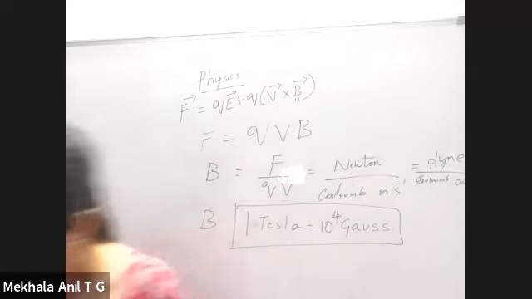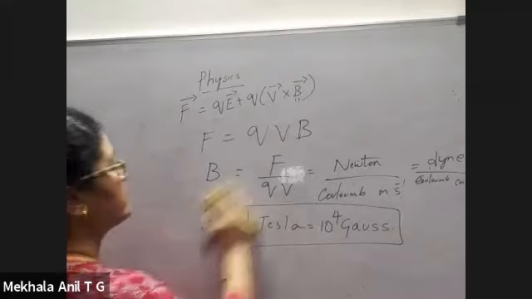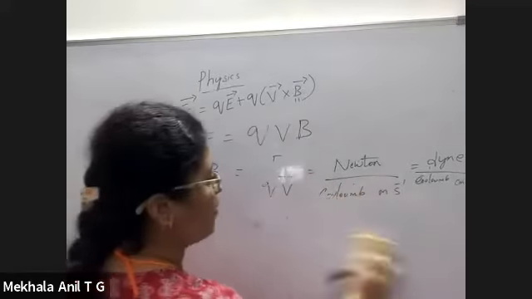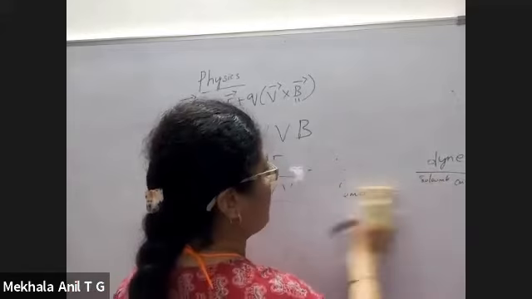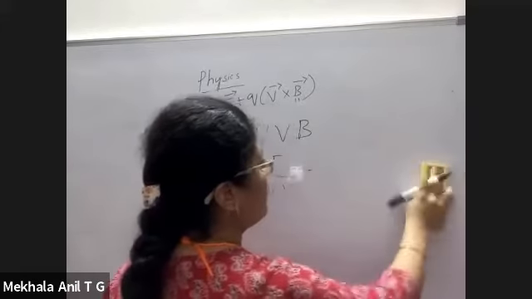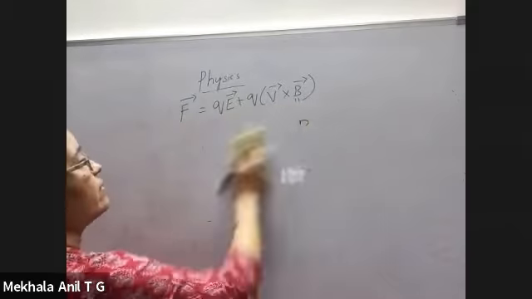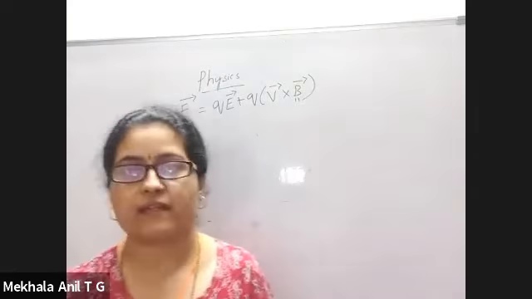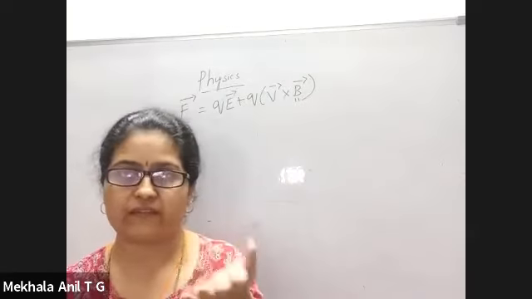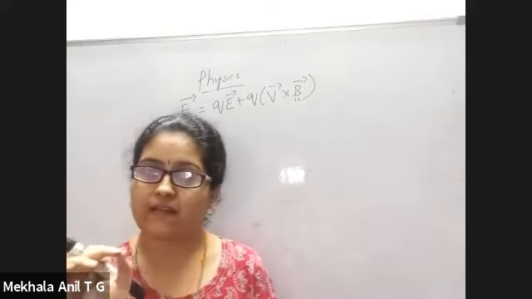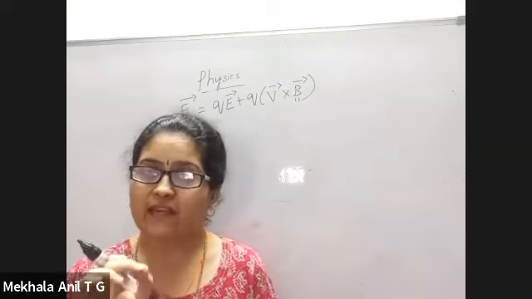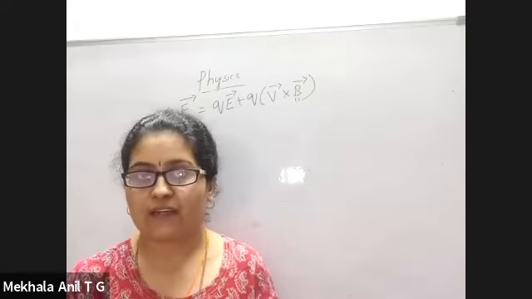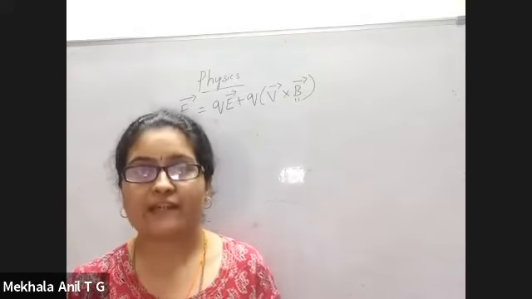And next thing, we shall understand one concept and later we shall solve a few problems related to this. There is one question in the previous papers, and you might even have studied that. We say that there will be no work done by a magnetic field.